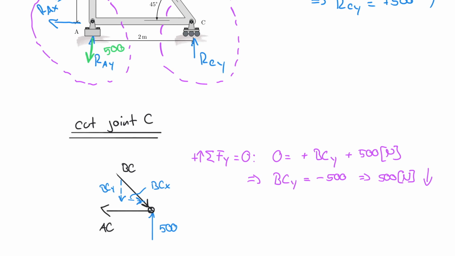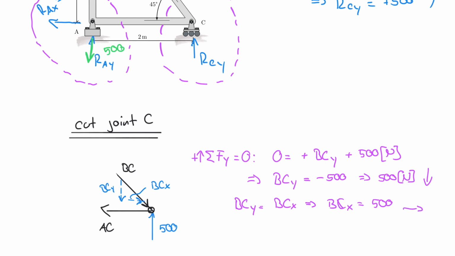BCY is equal to BCX, and therefore BCX is equal to 500 as well. And that, of course, is now pointing to the right side.